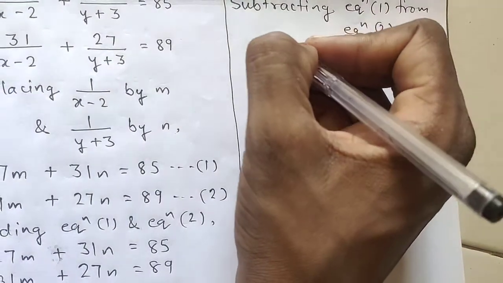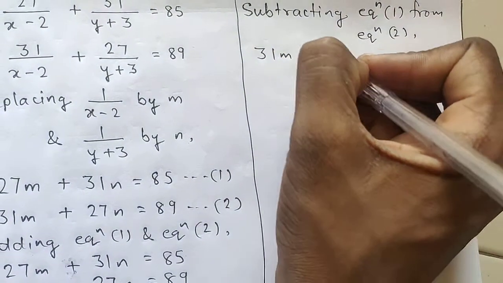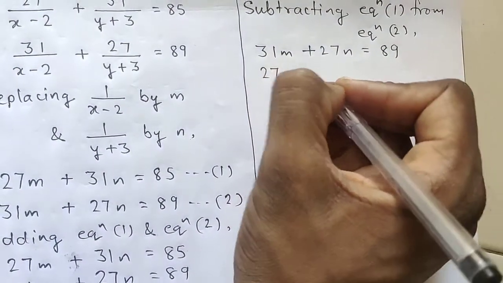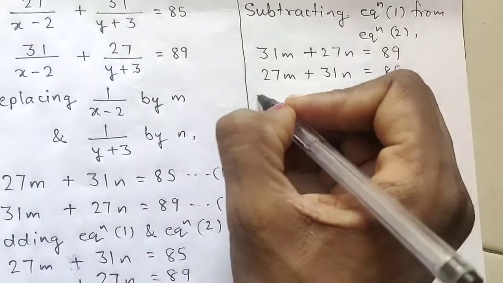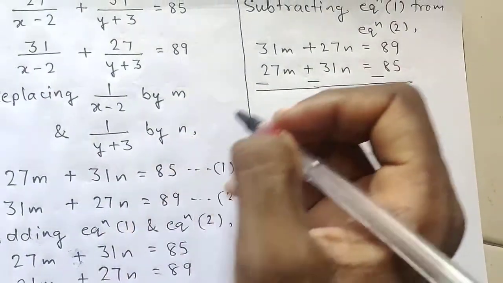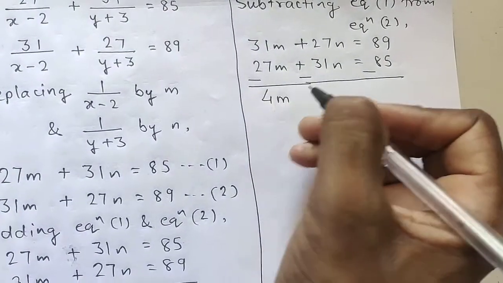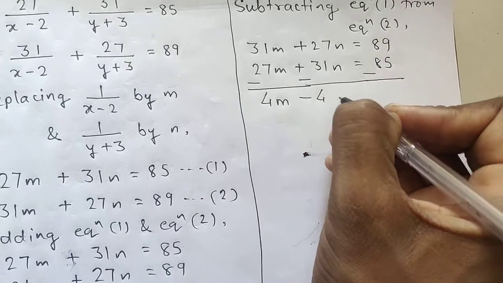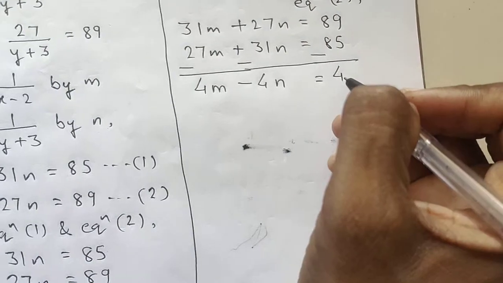First we are going to write equation 2, that is 31m plus 27n is equal to 89. Then we are going to write equation 1. Now we are subtracting, and whenever we are subtracting we have to change the sign. 31 minus 27 gives you 4. 27 minus 31 also gives you 4, but the bigger number is negative, so it becomes minus 4. 89 minus 85 also gives you 4.